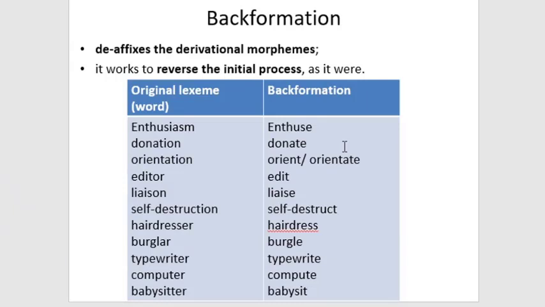You explain that this word is actually reversed to the original or to the base form, and we see there the base form is enthuse, and the affix was ism, which was attached to enthuse. So you're actually going back to the base form of the word by de-affixing the derivational morpheme.